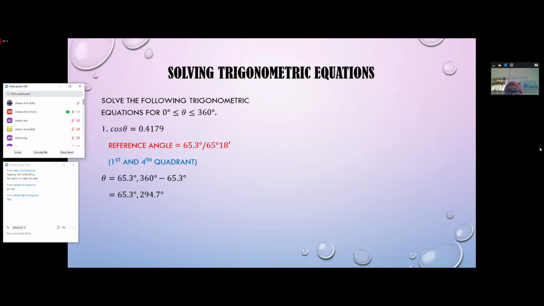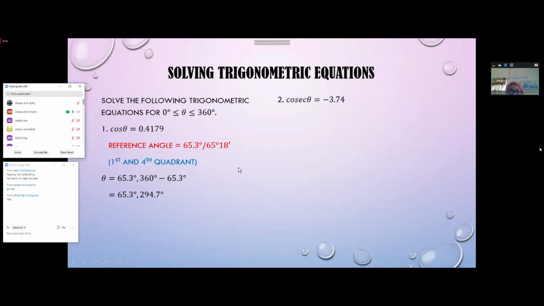This is just a revision of your maths. Remember the steps: always find the reference angle, determine the quadrant, and find the angle. Remember these three steps: reference angle, find the quadrant, and find the answers.